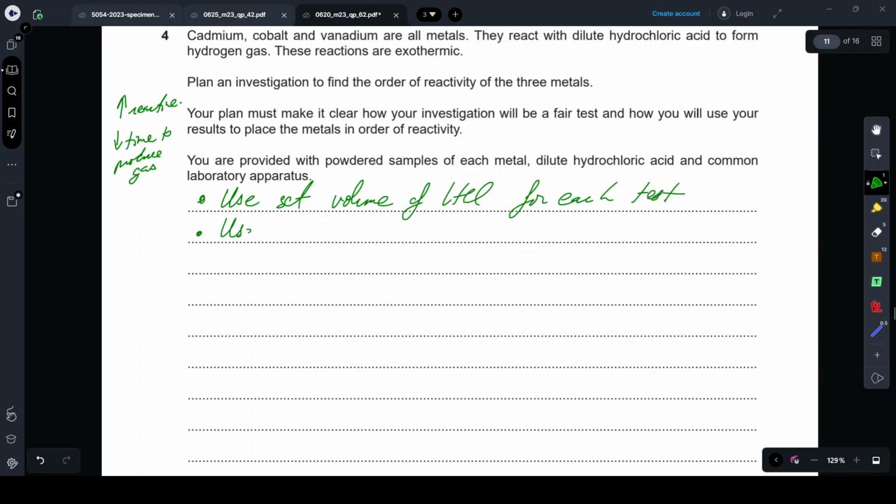You're also going to use a set mass of each metal. All right, so we're going to keep those two things constant.